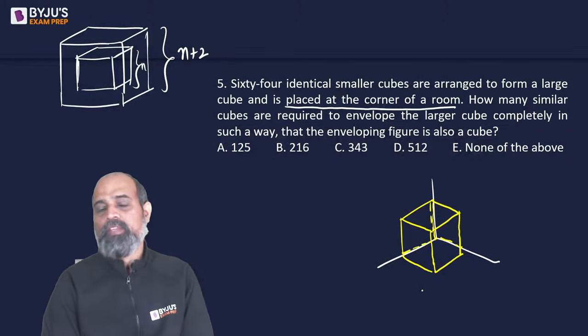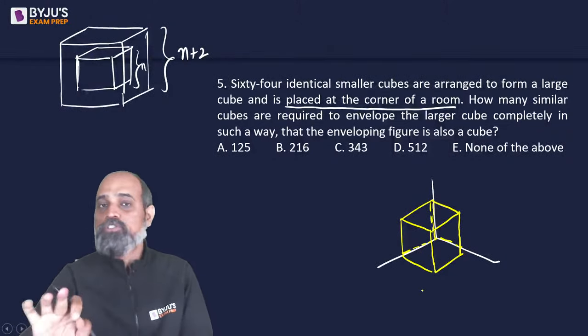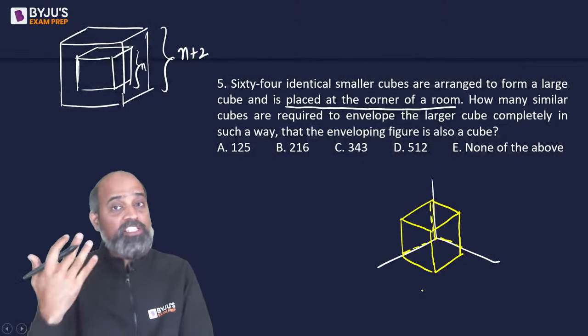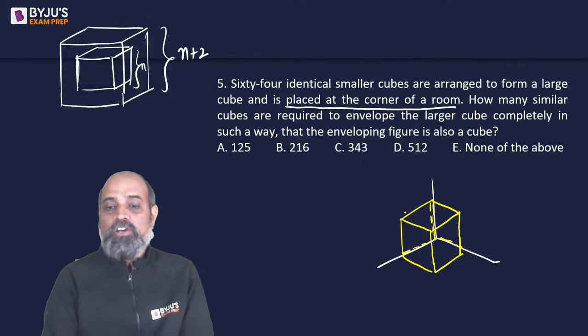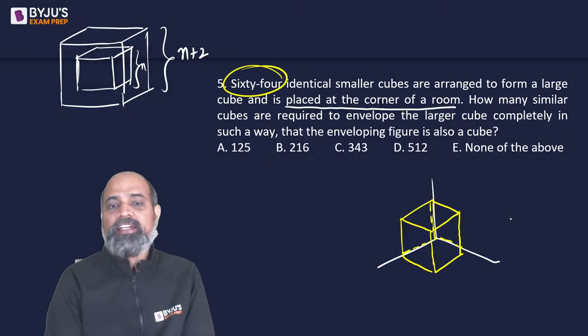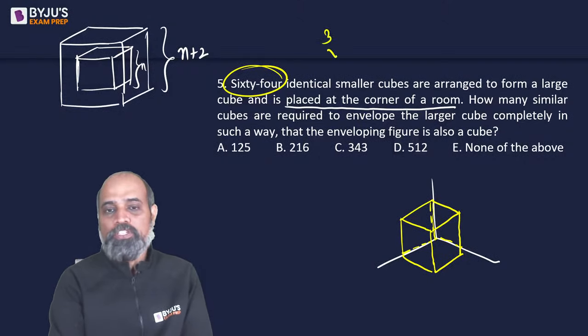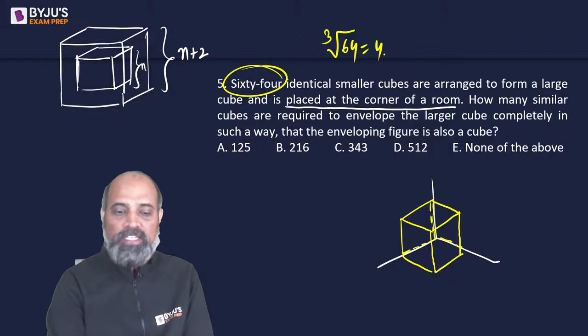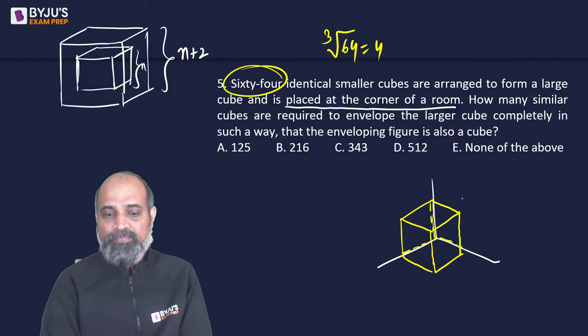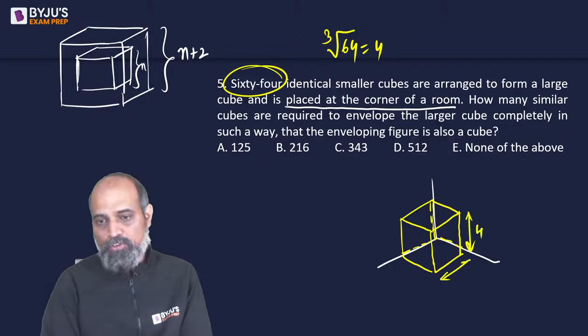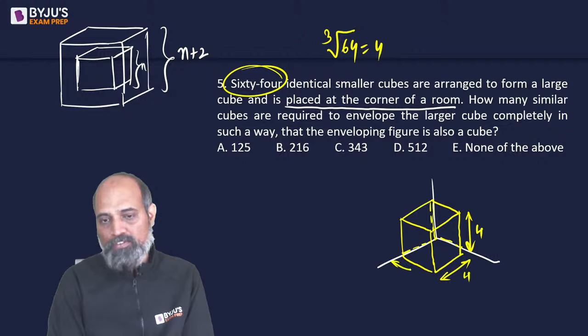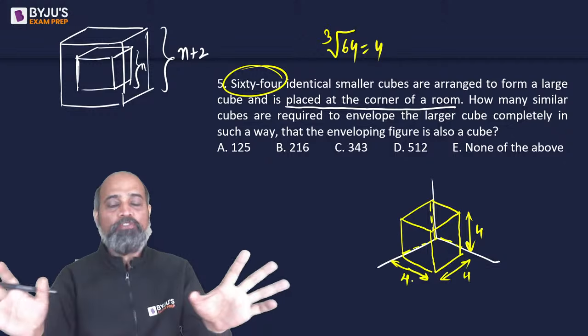And the solid lines are the edges that you can see. Since we have 64 identical smaller cubes, the cube root of 64 is going to be 4. That means there are 4 cubes along the height, 4 cubes along one of the sides, which is the right side, and 4 along the left. So it is 4 by 4 by 4.